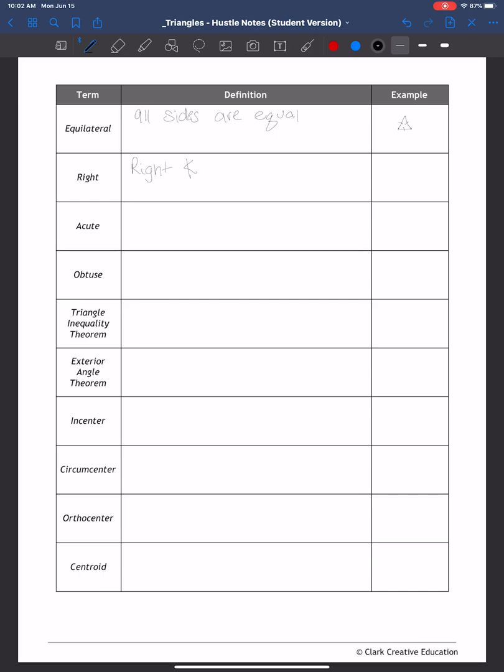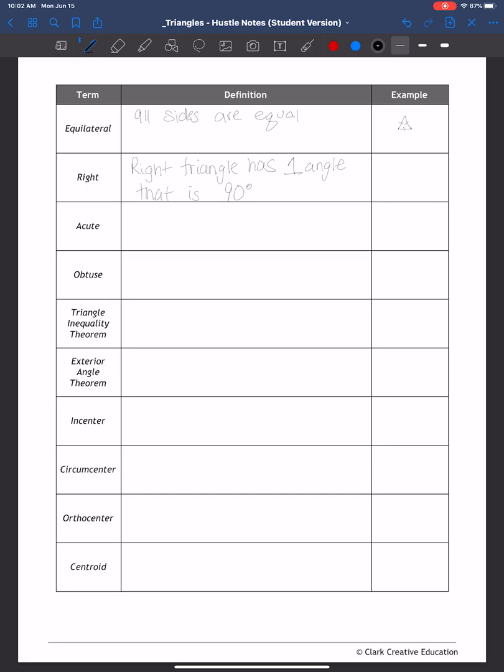A right triangle has one angle that is 90 degrees.